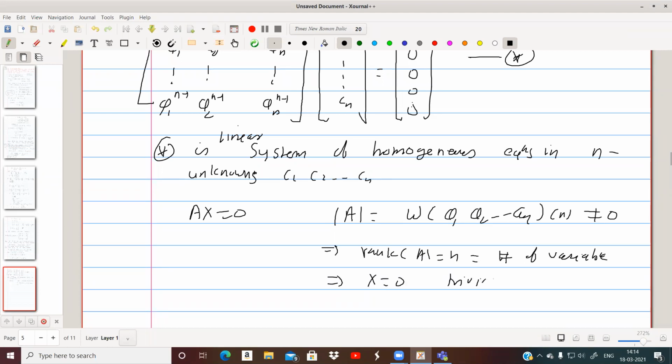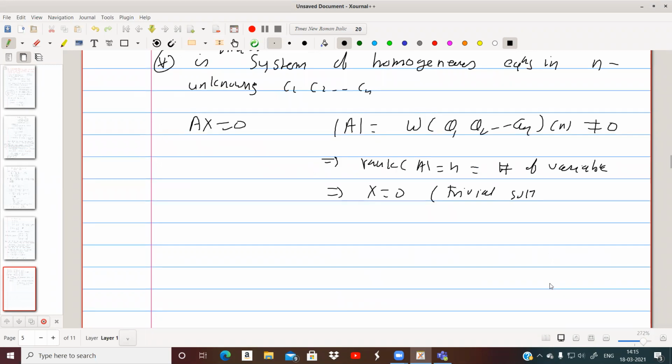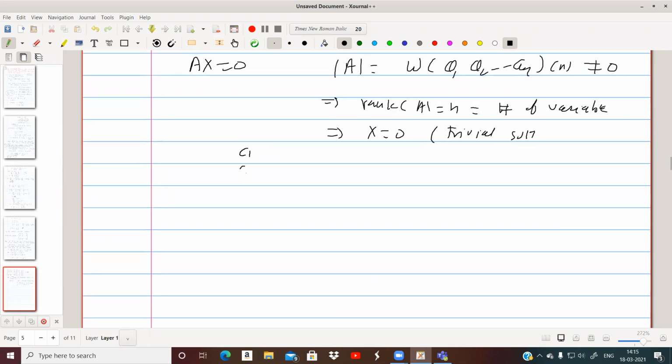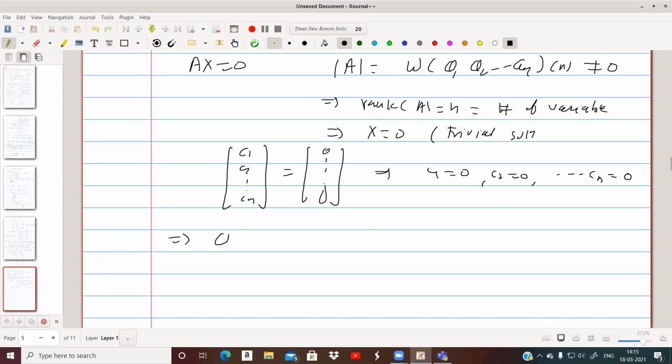In that case, if you study that linear system of equations, it has the trivial solution. So trivial solution means your x matrix, C1, C2, Cn, is going to be equal to C1 is 0, C2 is 0, and so on, Cn is 0, which implies phi 1, phi 2, phi n are linearly independent solutions of L of y equal to 0.